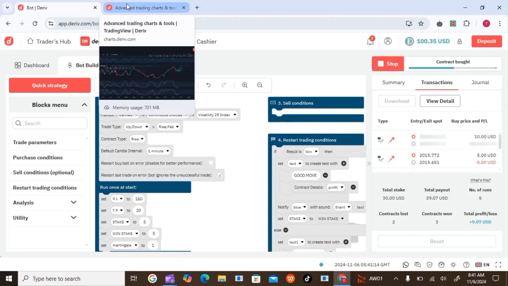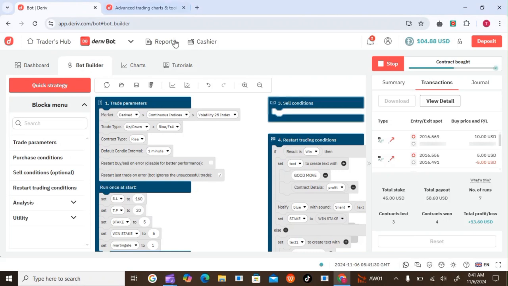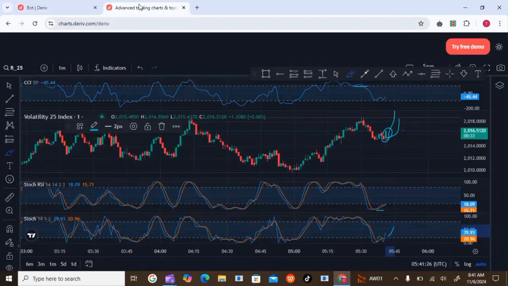That's why we are scooping so many profits, as you can see. So let's see how it behaves. Especially always look at the CCI, how it's behaving. It has changed direction to the up direction. We have a good momentum, so we have no issues. You can see this one, the stochastic, it's moving up. So let's wait for a win.